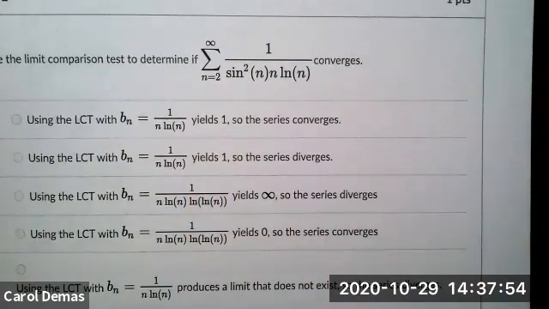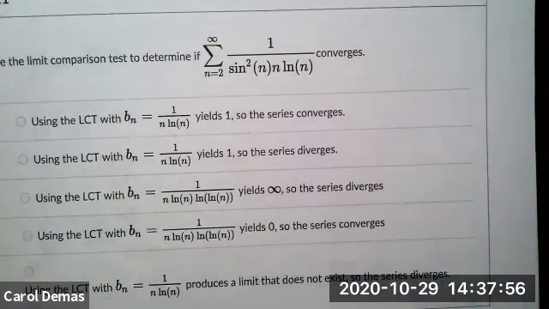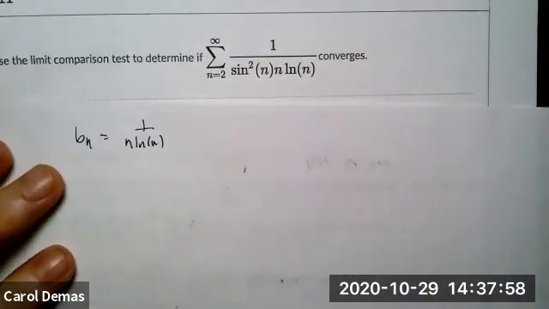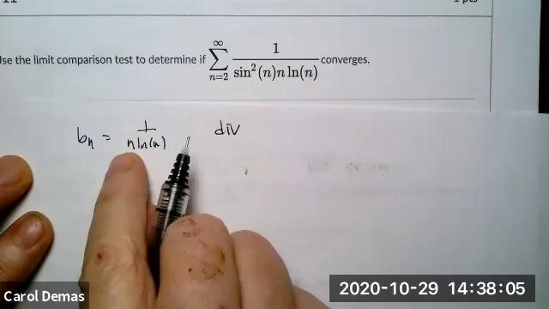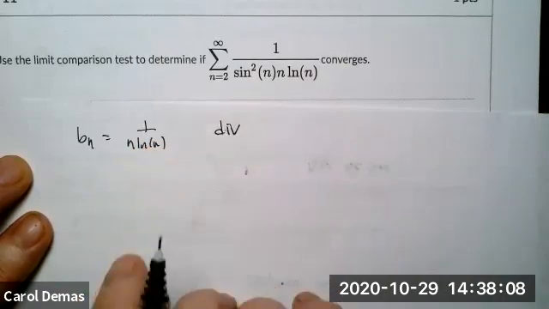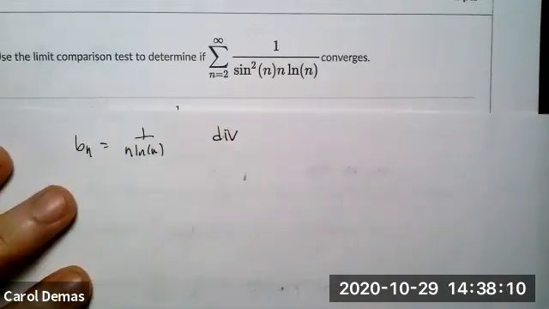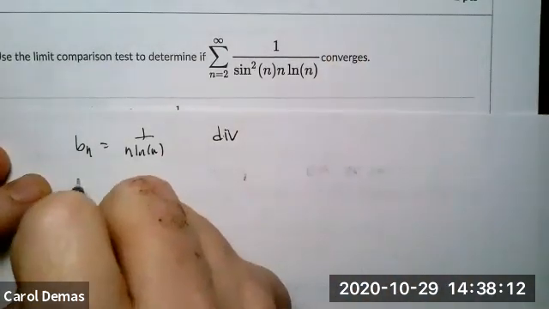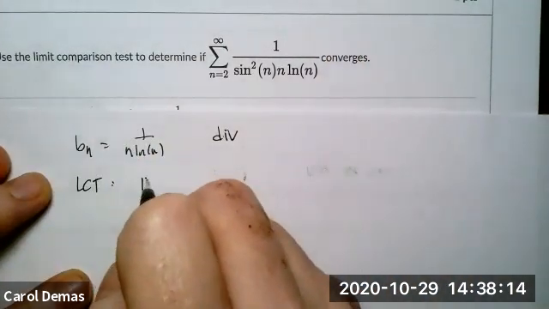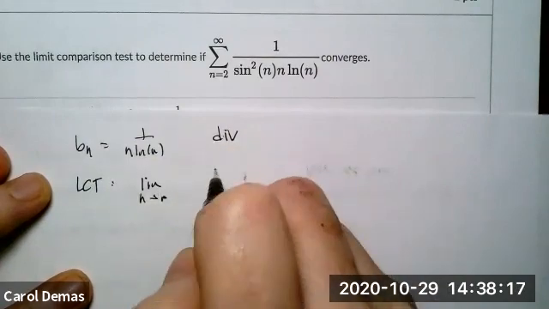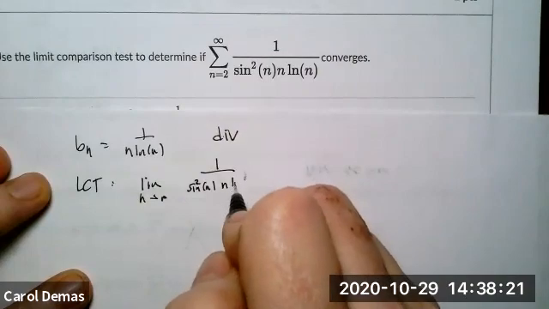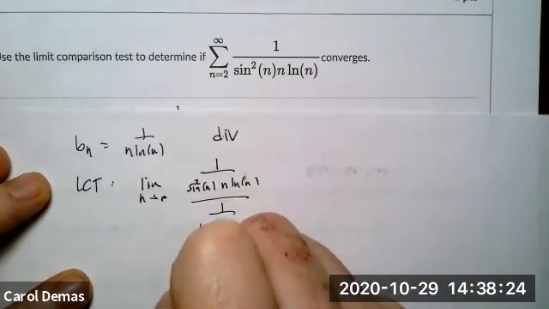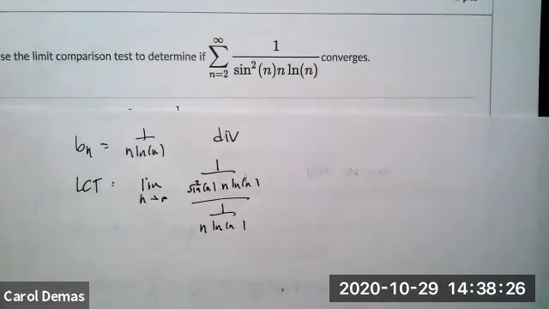Okay, so let's see what happens if we do limit comparison with this bn. Is this series going to converge or diverge? Diverge. This one diverges. Yes, we need the power on log n to be greater than 1. Okay, so let's do limit comparison for this series: 1 over sine squared of n and log n, against 1 over n log n.